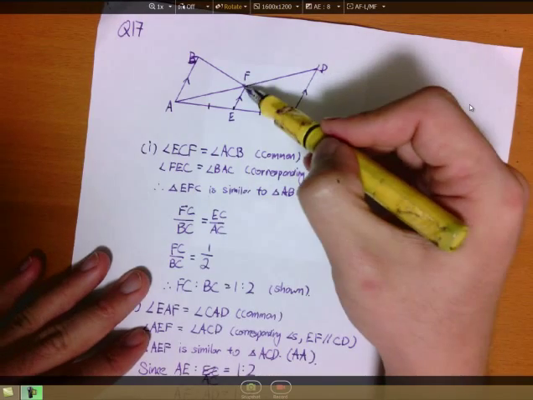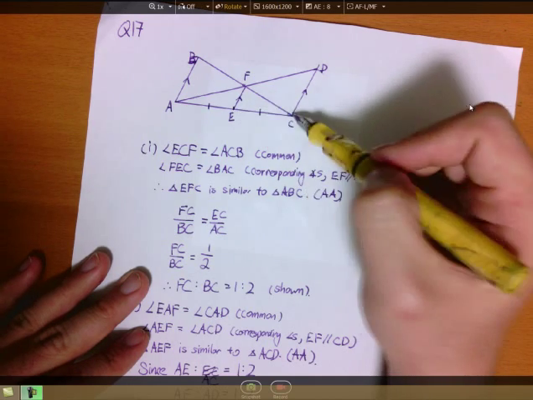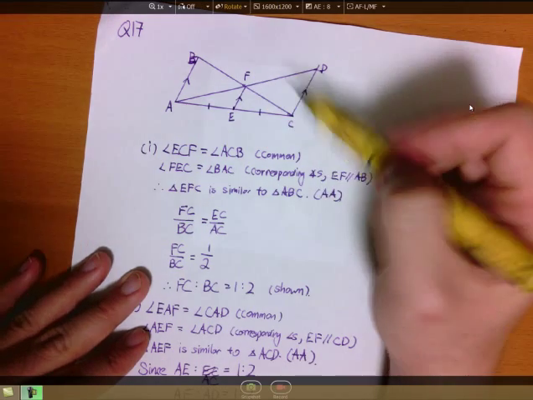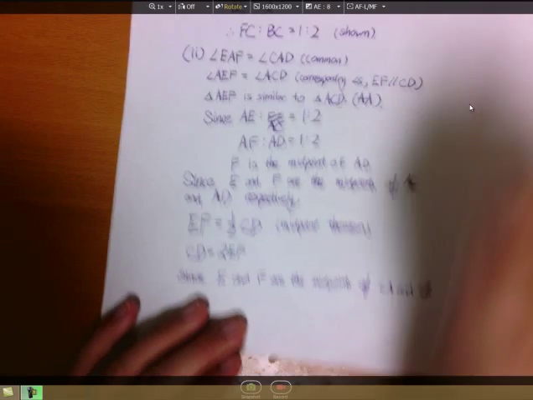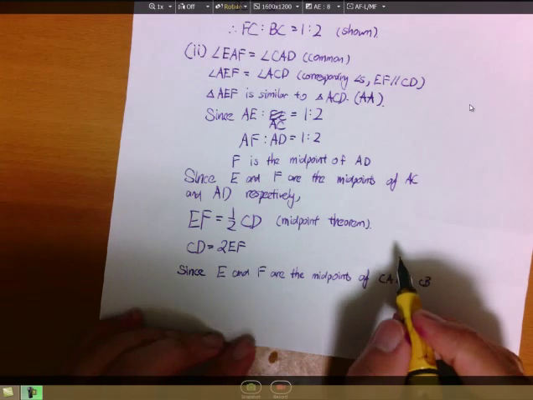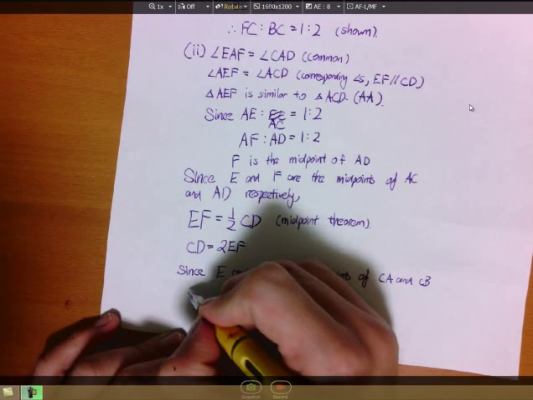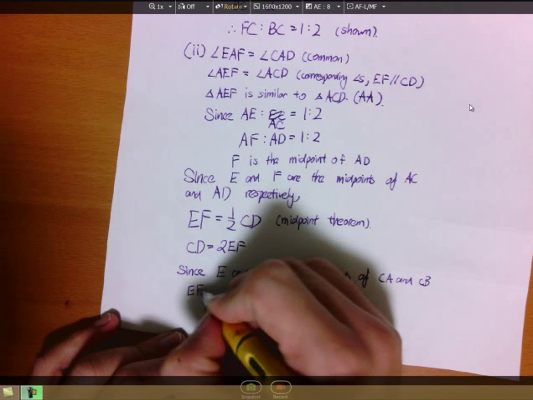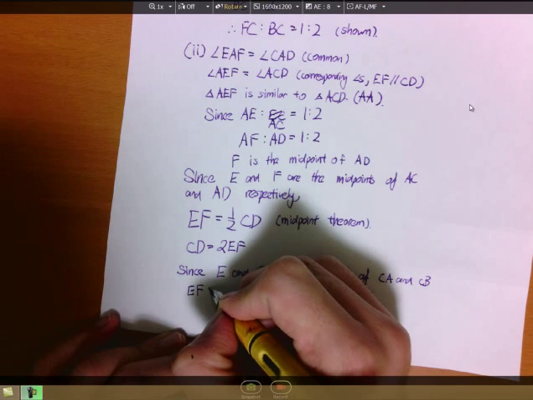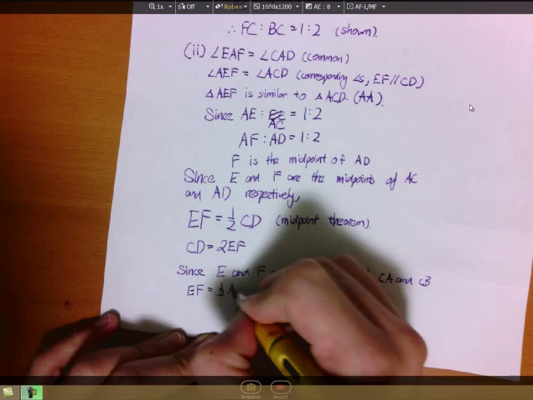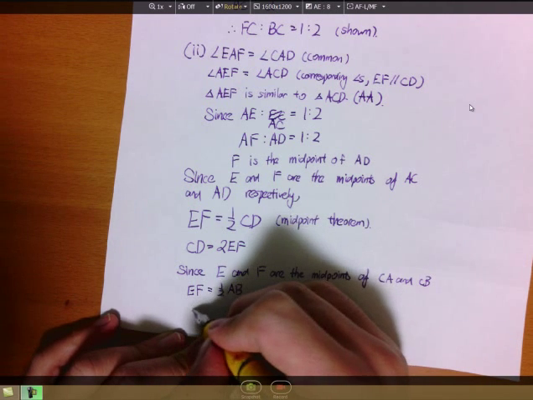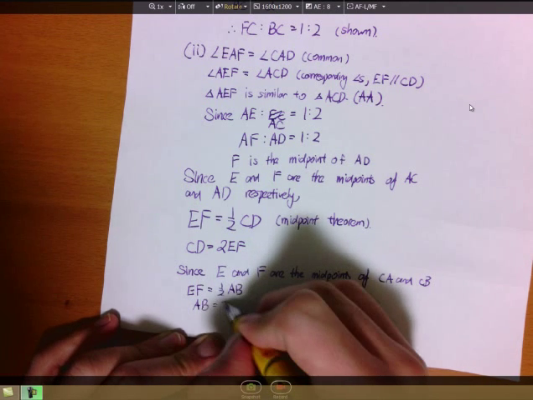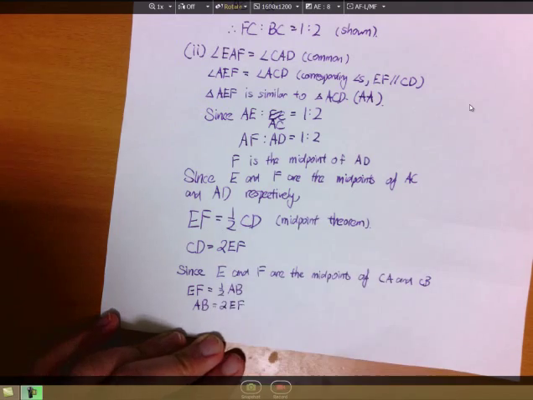E is a midpoint of CA and F is a midpoint of CB. So by midpoint theorem, EF is equal to half of AB. Therefore AB is 2 times EF.